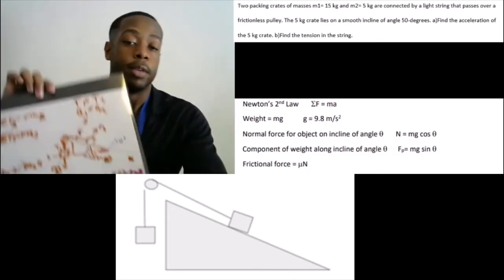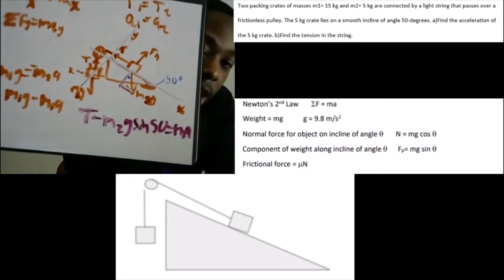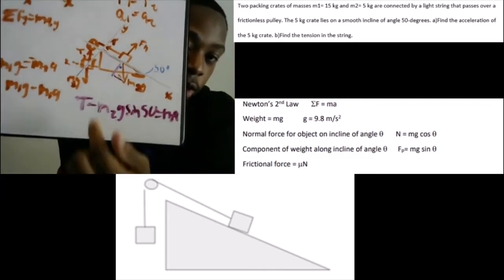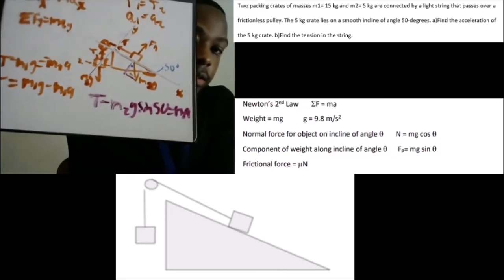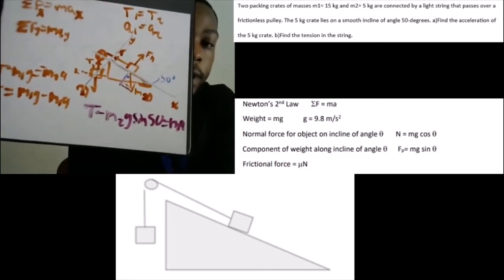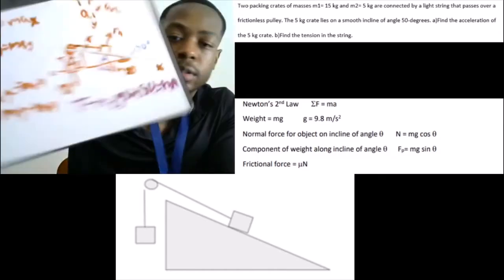So you should have gotten it by now. I've written it right here. Tension minus mass 2 times gravity times the sine of 50, which is, if you look at that, the opposite from that angle, 50. And then equals mass 2 times acceleration.